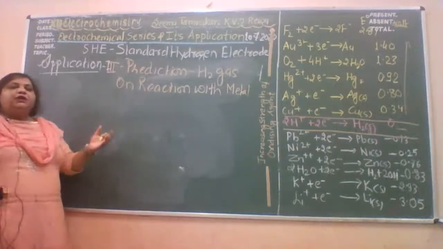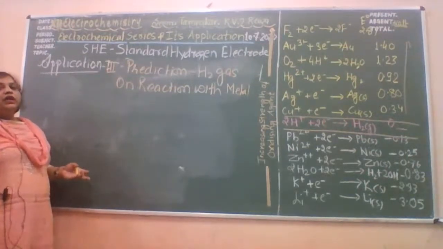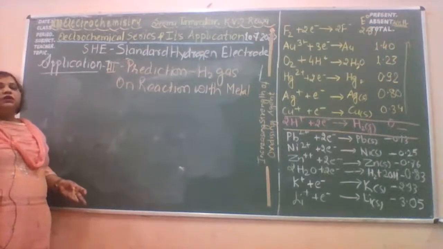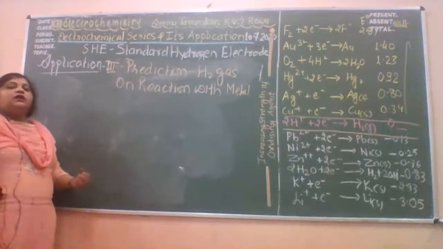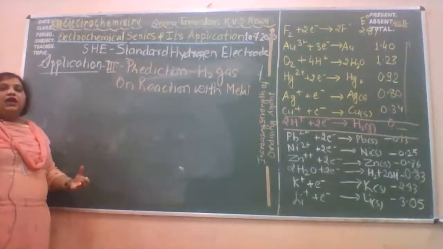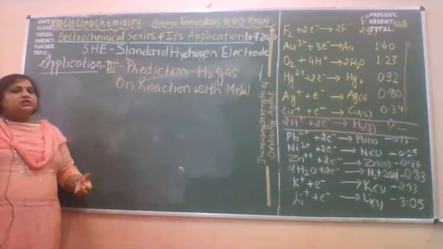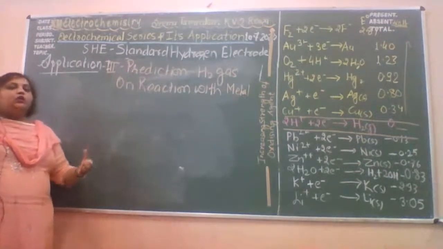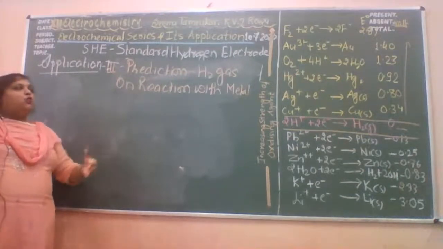The arrangement of the elements on the basis of their standard electrode potential that is measured with reference to the standard hydrogen electrode, SHE, right? This is called the electrochemical series, and it is used for different purposes. It has its own importance.